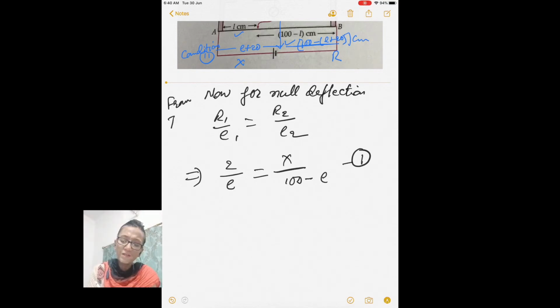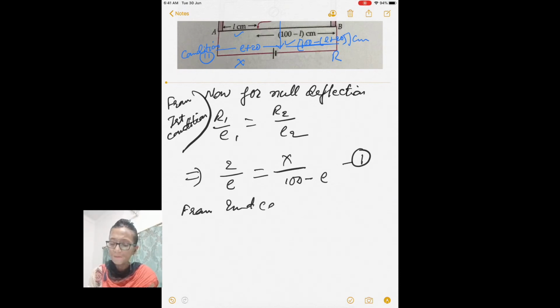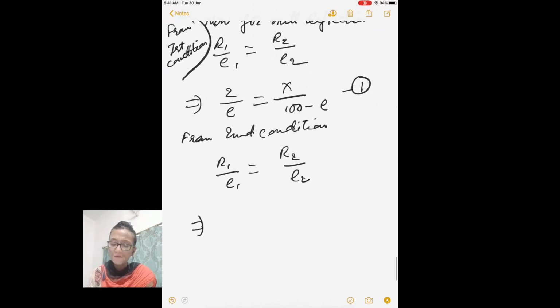From the first condition we get one equation. Now from the second condition, R1 upon L1 is equal to R2 upon L2. It implies that R is interchanged to R2. Now here X upon, and L also is changed.